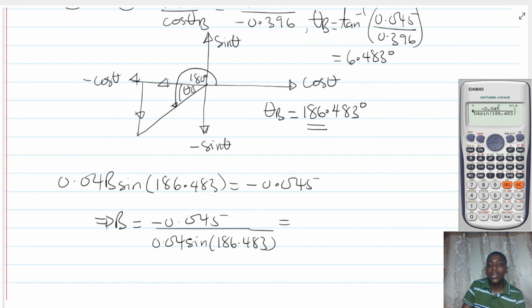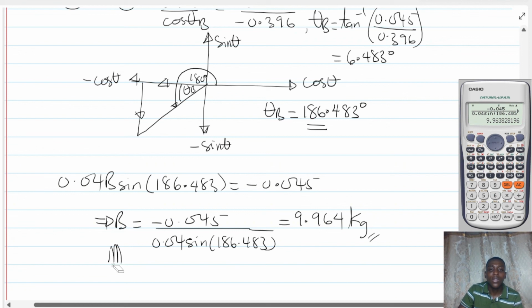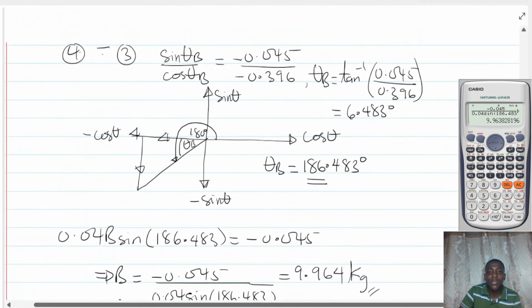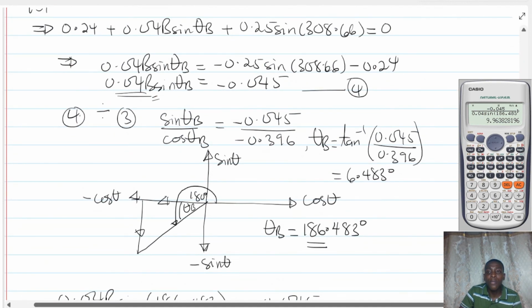So what is the answer? 9.964 kilogram. So mass B that we want is 9.964 kilogram.